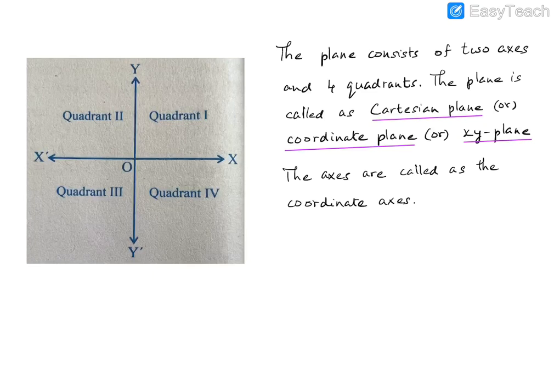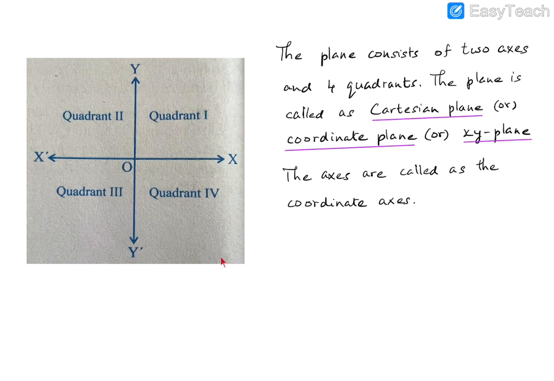So therefore, what we see is that the entire flat plane, the flat surface, which we call a plane, consists of the two axes, the x-axis and the y-axis. Axis is the singular and axes is the plural for the word axis. So there are two axes, x-axis and y-axis, and there are four quadrants. So the entire plane consists of two axes and four quadrants.